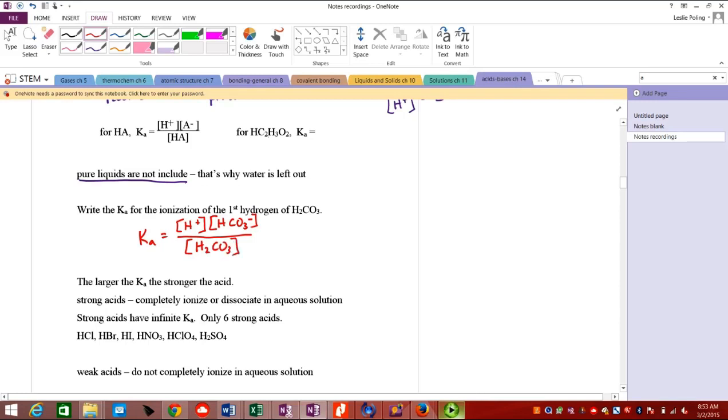Oh, up here I did another one, acetic acid. So our Ka would be H plus, and then the acetate ion over the whole acid.